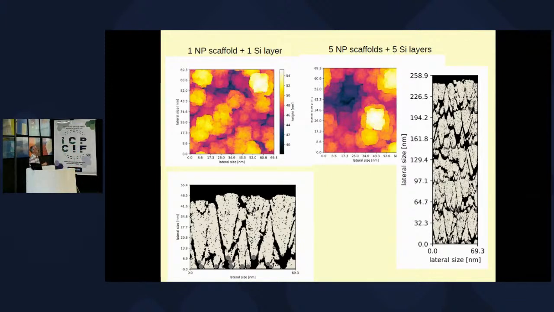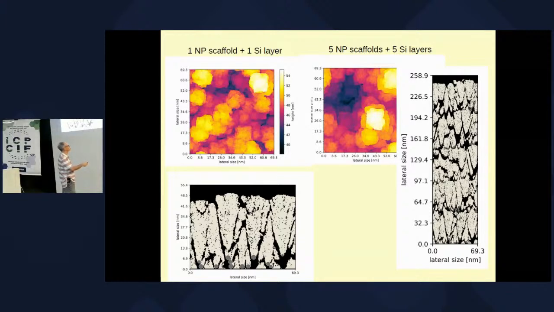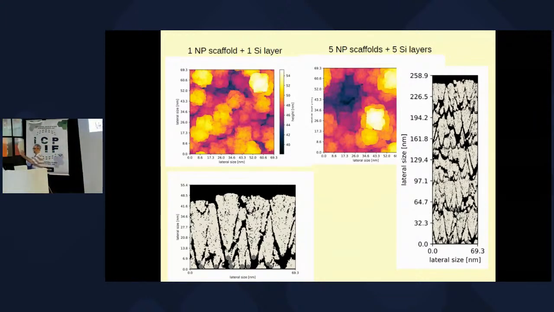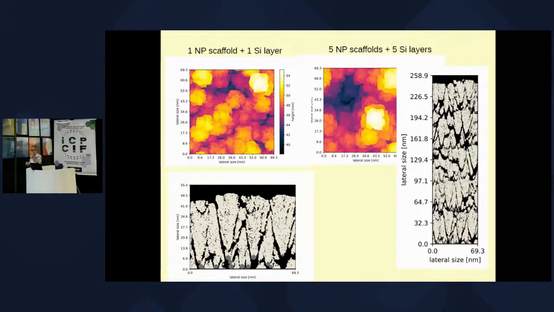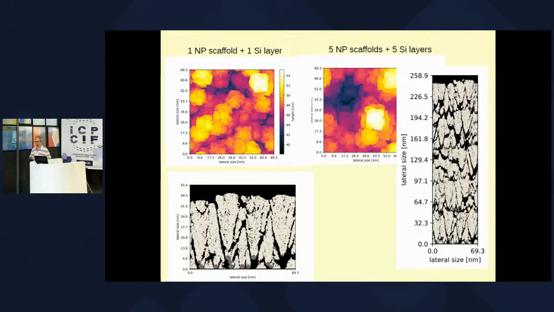And here is what we obtain after 5 nanoparticle scaffolds and 5 silicon layers. Here the nanoparticles are very small, but there is one scaffold here, one group of nanoparticles here, another group here, another here, then the fourth one, then the fifth one, and from each of these groups of nanoparticles, these cones of silicon grow with increasing width as the height increases, but the width grows slower than the height.